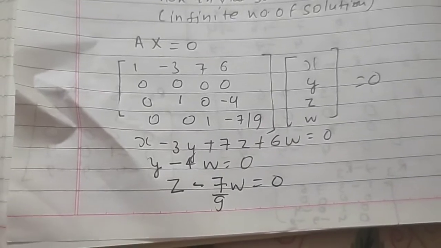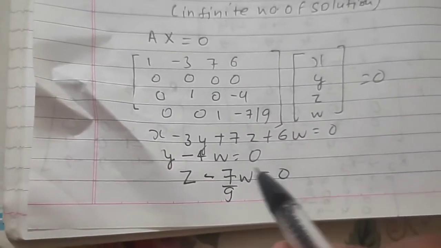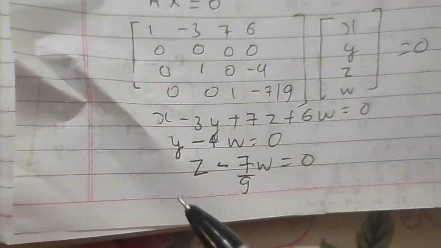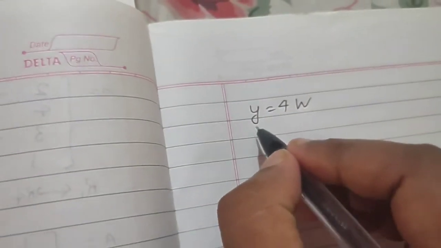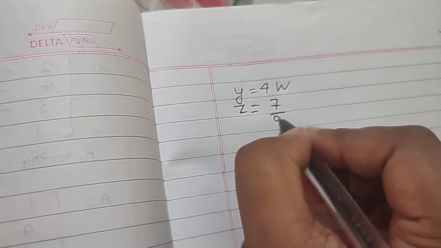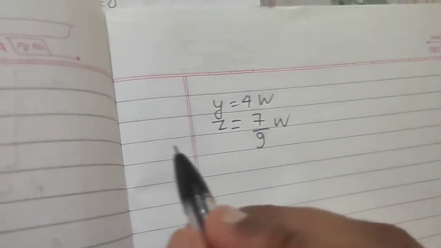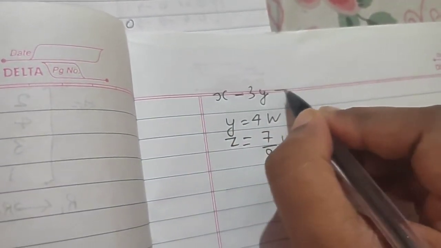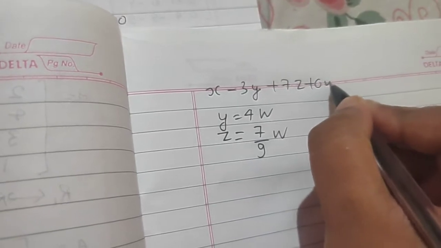Okay, so I am getting y equals to 4w, and z equals to 7 by 9 times w. Okay, and I may write the first equation, x minus 3y plus 7z plus 6w equals to 0.